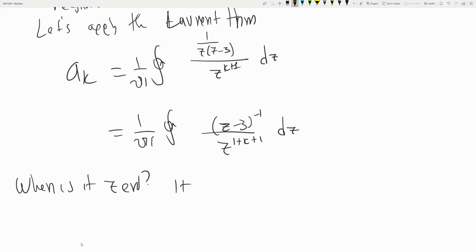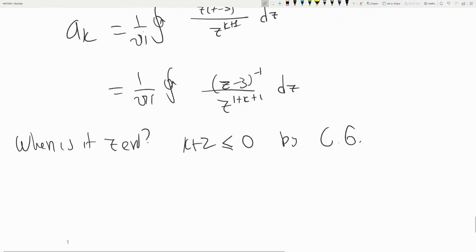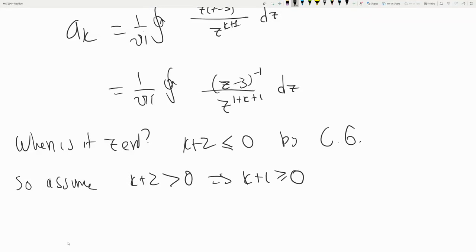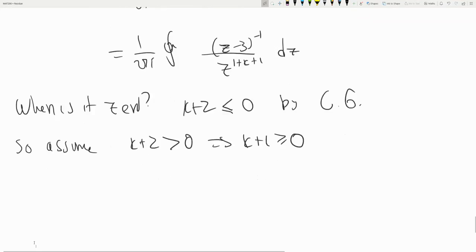This is when the exponent k plus 2 is less than or equal to 0. Okay, so all these terms will disappear by Cauchy-Goursat. That's fine. Okay, so assume k plus 1 is strictly positive, so k plus 1 non-negative. Okay, good.